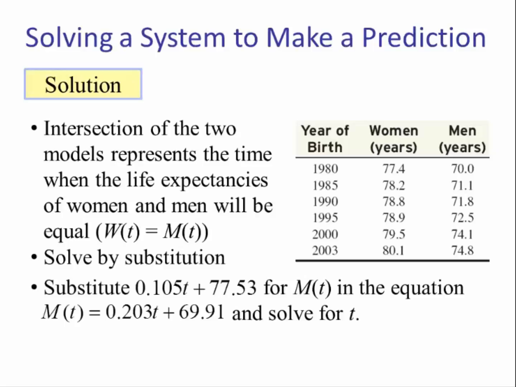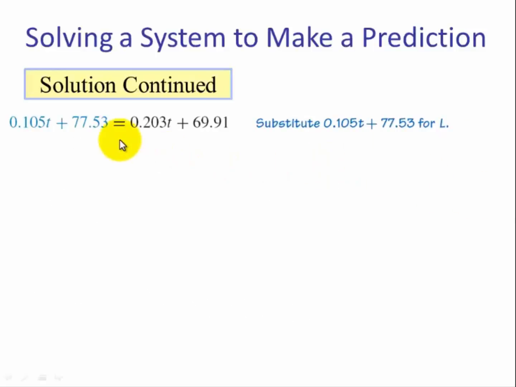We substitute the expression 0.105 t plus 77.53 for W of t in the equation M of t equals 0.203 t plus 69.91, and we solve for t. So basically we are setting the two expressions equal to each other. So here we have the expression for life expectancies for women equal to the life expectancies for men.